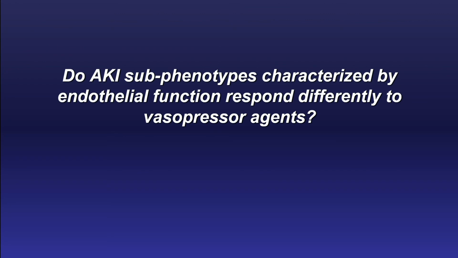So then this next part is what I've been excited about. The question is, now that we have identified these two AKI subphenotypes, do they potentially respond differently to therapeutics? And one of the things particularly we've been excited about in the ICU is treating patients with septic shock, so treating with vasopressor therapy. And we have quite a few options when we're caring for patients.